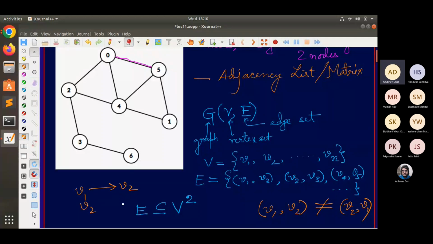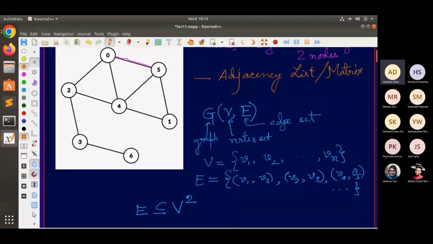So the important point here is that before we define this graph as a set of vertices and an edge set, we need to talk about its directedness, whether it's a directed graph or an undirected one. For now, whenever we talk about a graph without specifying, we assume that it's an undirected graph.